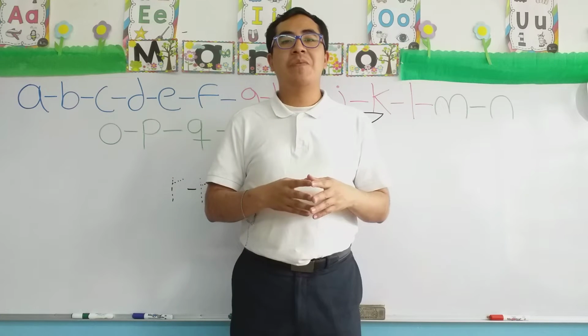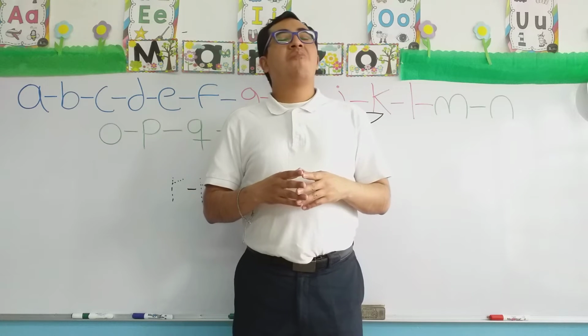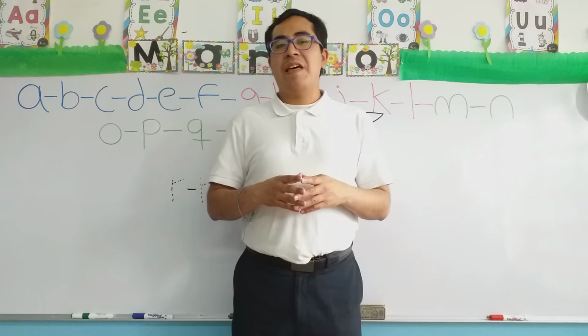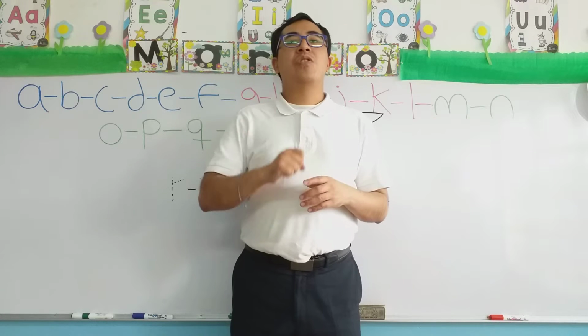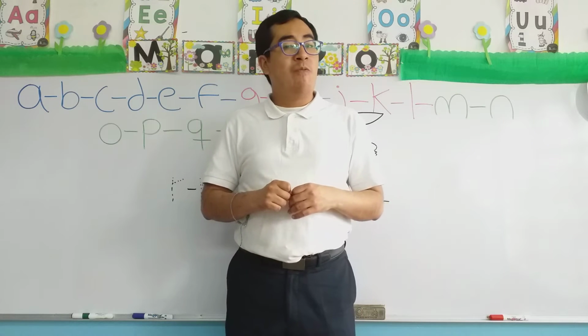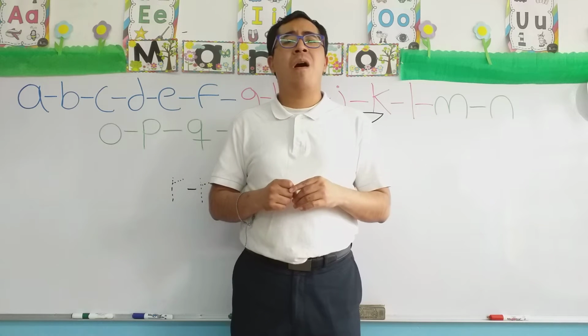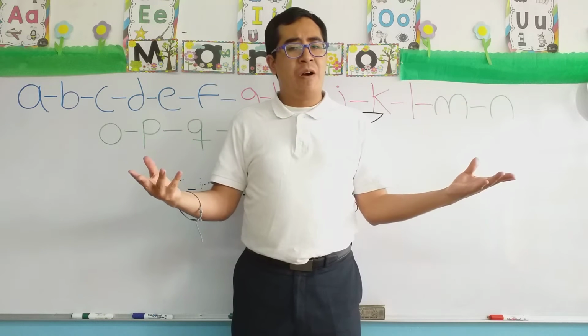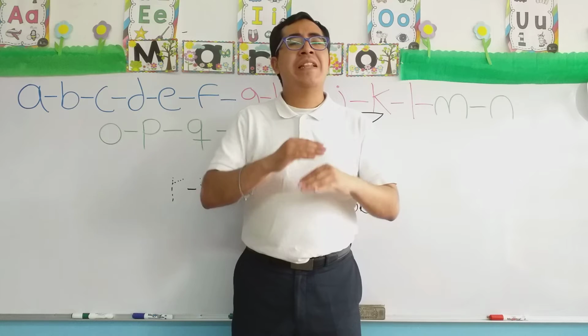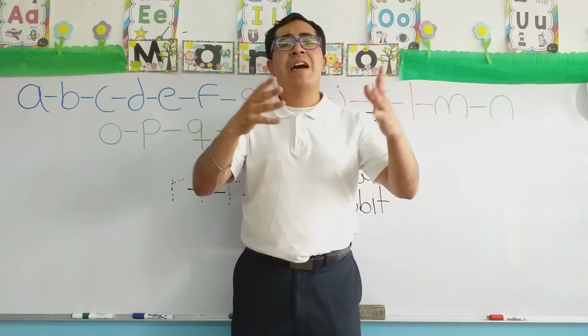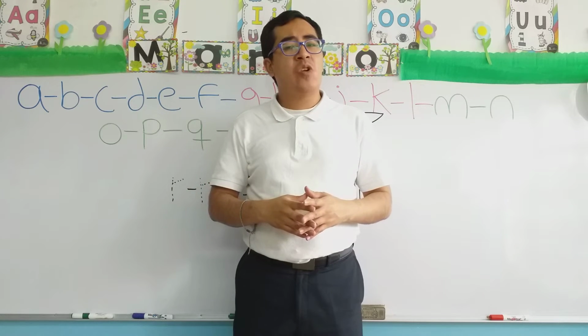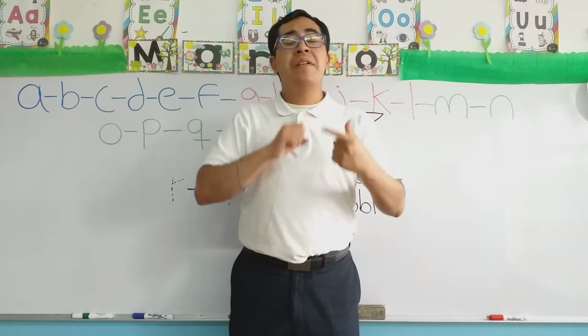For today, my children, we're going to continue with the letters of the alphabet, and today we're going to start with the small form of the letter R. Now, the letter R, we already practiced it in the capital form, and we have several objects, including the radio and the ruler.